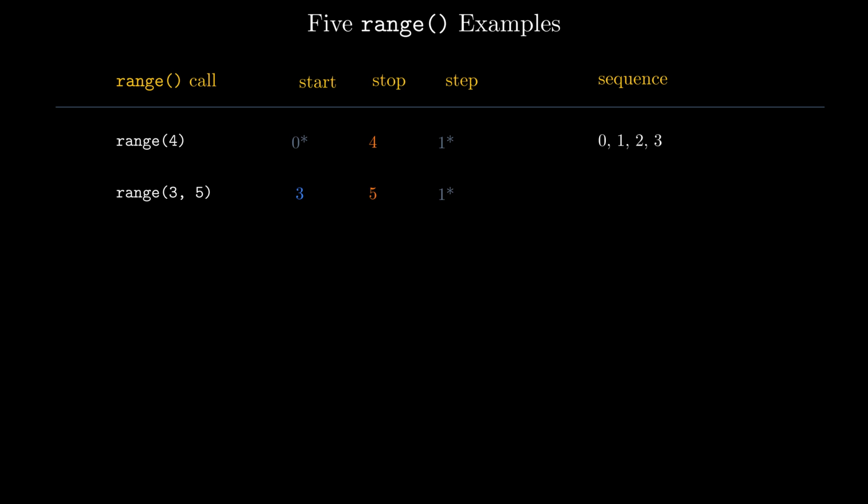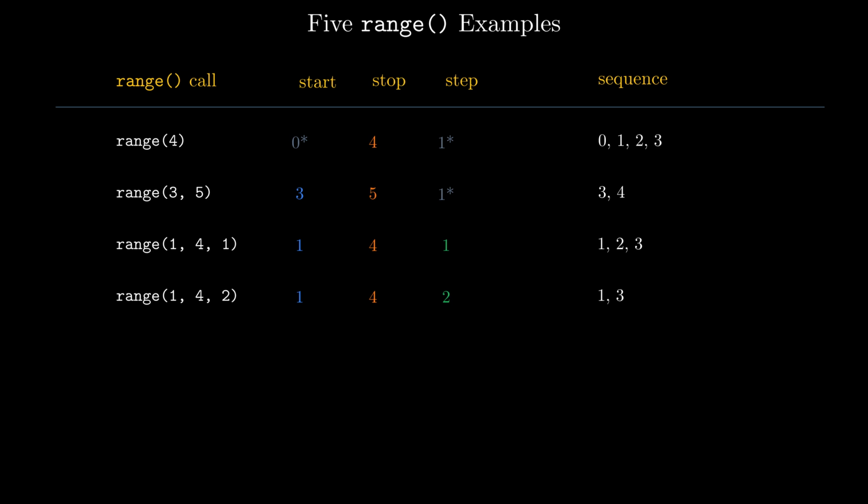Range 3, 5 starts at 3, stops before 5. Sequence 3, 4. Range 1, 4, 1 starts at 1, steps by 1, stops before 4. Sequence 1, 2, 3. Same as range 1, 4 since step defaults to 1 anyway. Range 1, 4, 2 starts at 1, steps by 2. 1 is included. 1 plus 2 is 3, included. 3 plus 2 is 5, but 5 is not less than the stop value 4, so it's excluded.